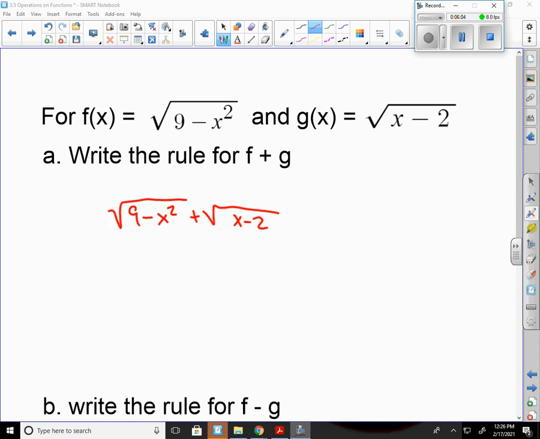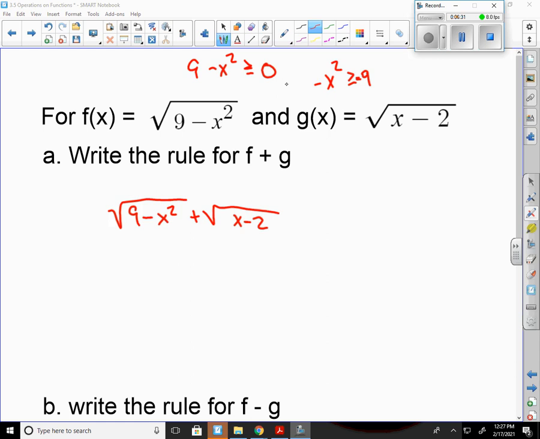So if I'm looking to solve that, the easiest way to do it is to make 9 minus x squared greater than or equal to 0. Now I would subtract the 9 over. That gives me negative x squared is greater than or equal to negative 9.